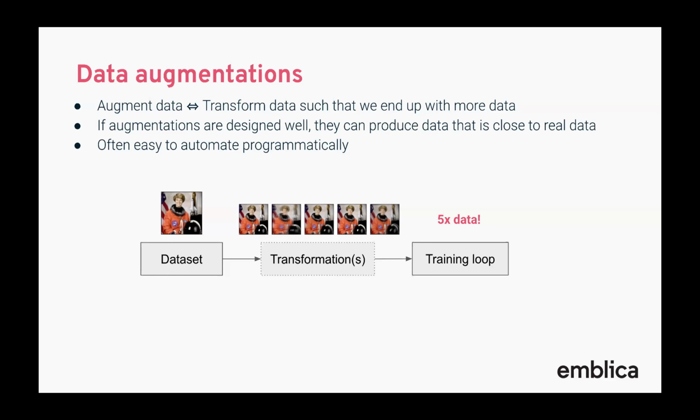And this way we end up with, in this example, 5 times the amount of data, where each sample is kind of a permutation of the original. For example, the second picture from the left is this kind of shaken version of the real sample.